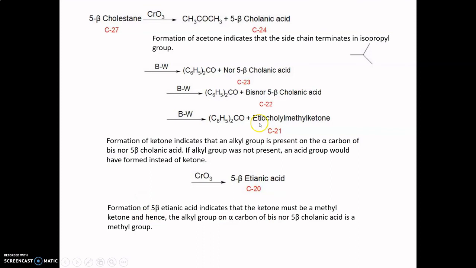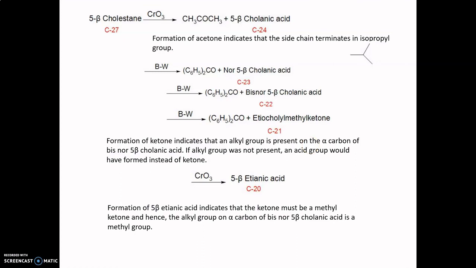So from cholesterol to 5-beta etianic acid, we have lost 7 carbon atoms. That we must keep in mind. From C27 we have reached C20, so the side chain must have 7 or more carbon atoms.